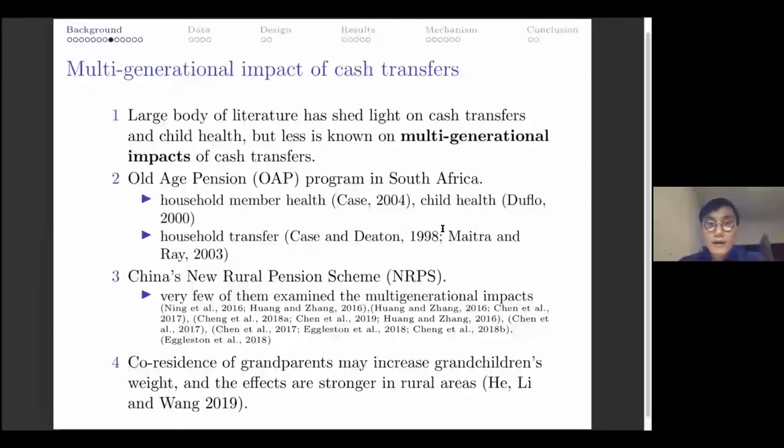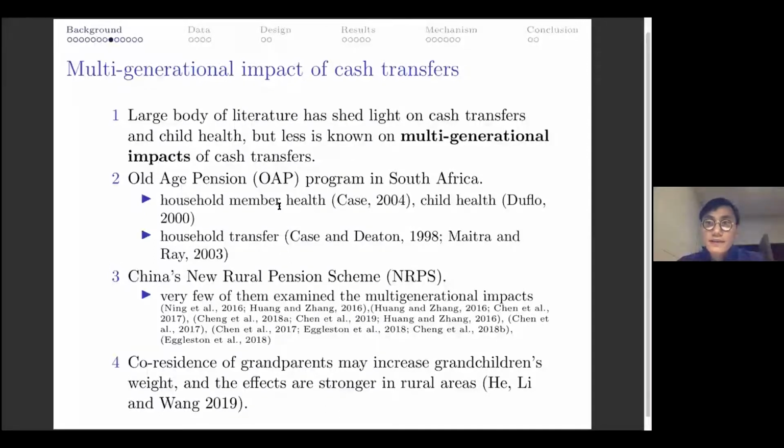Similar to the old age pension program, our study focuses on the new rural pension scheme. A famous study by Duflo studies the multi-generational impacts of the OAP on child health.